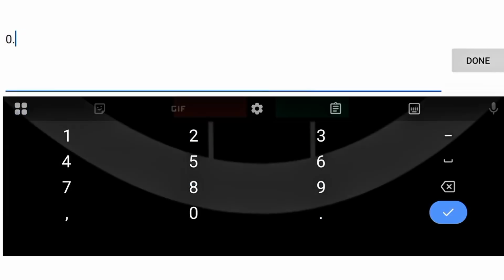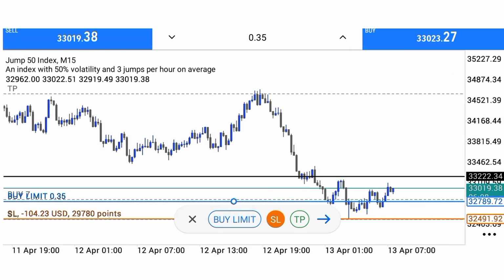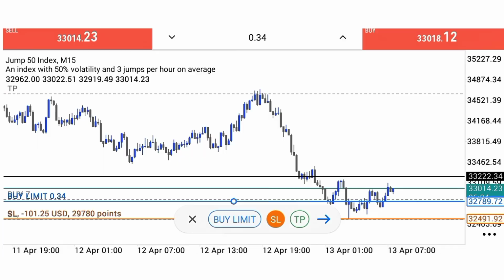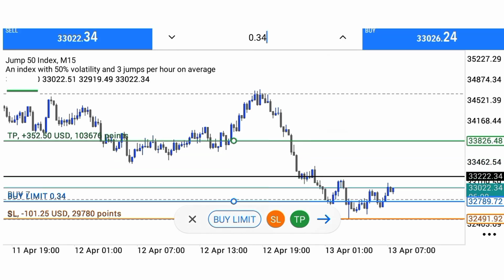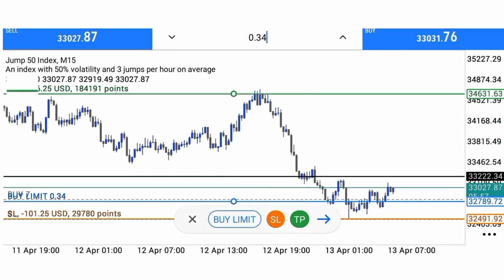Okay, 119 already is too much. 3.5. Let's see. 3.4, 101. Okay, let's go with that. Let's see, my take profit target will now give me $626, guys. Even with a late entry, I entered this setup very late.